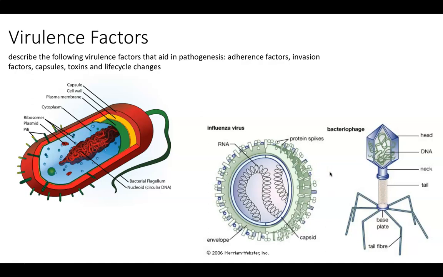So if we just focus on bacterial virulence factors for a sec, we can see that they have this outer capsule. And this capsule prevents the immune system, like our white blood cells, our macrophages, and our neutrophils, from detecting the bacteria. It stops the immune system from being able to recognize it. So it's this covert invasion that the capsule helps with.